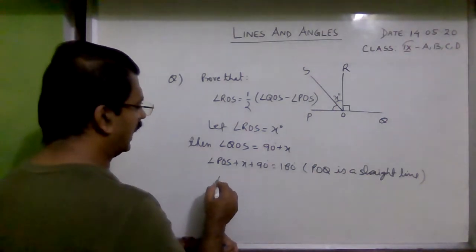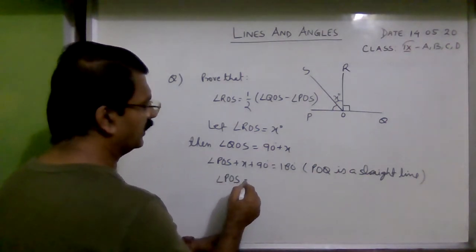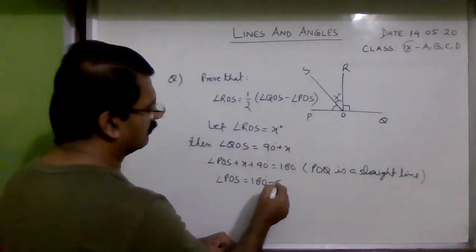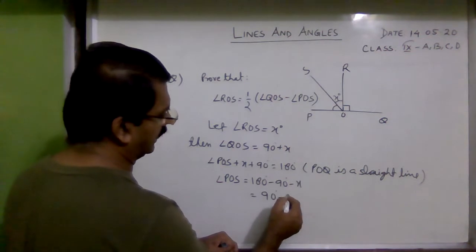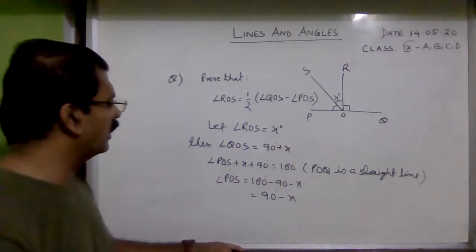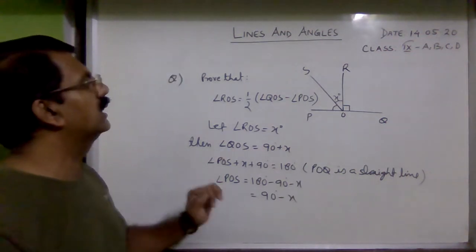Now you see angle POS will be equal to 180 minus 90 minus x, that is equal to 90 minus x. So we have found angle POS and angle QOS.